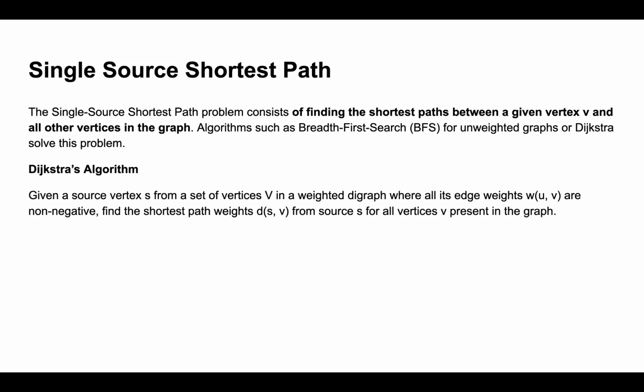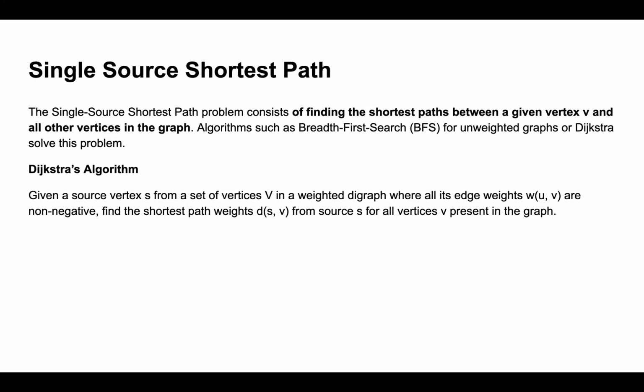Okay. Now what is Dijkstra's algorithm? Given a source vertex S from a set of vertices V in a weighted graph where all its edge weights W of (U, V) are non-negative, find the shortest path weights D of (S, V) from source S for all vertices V present in the graph.